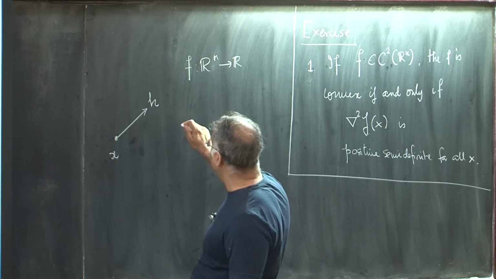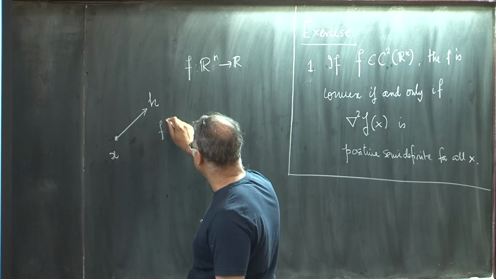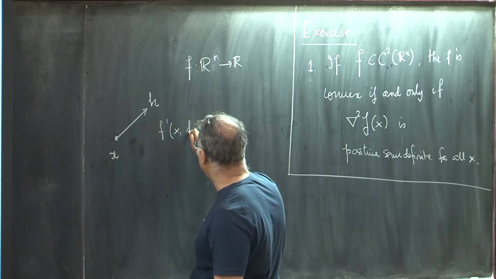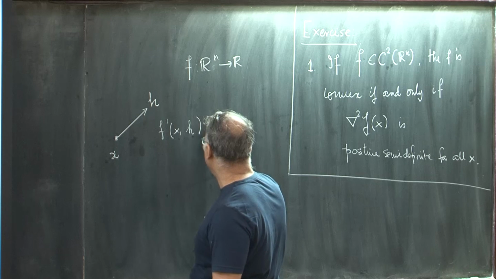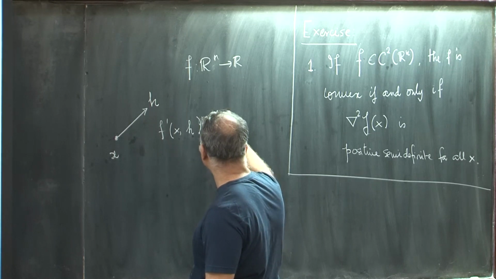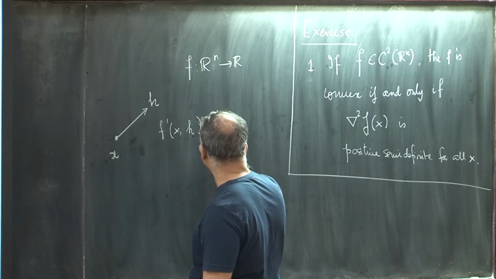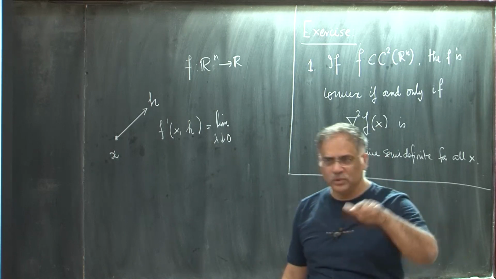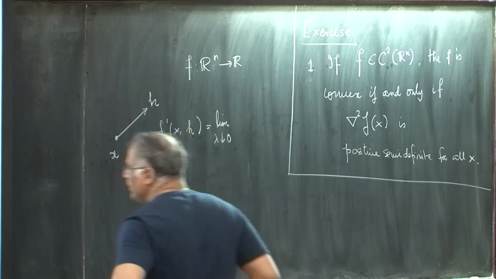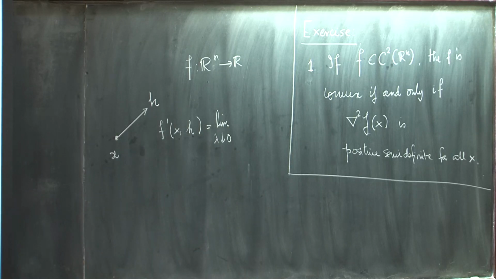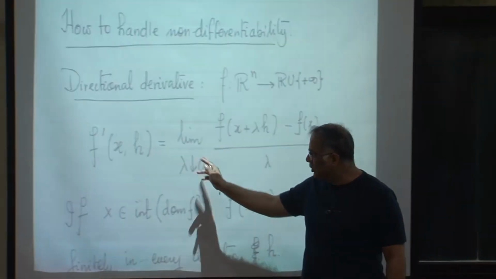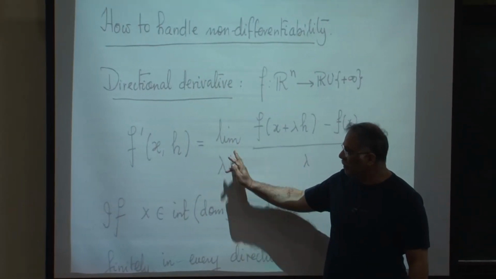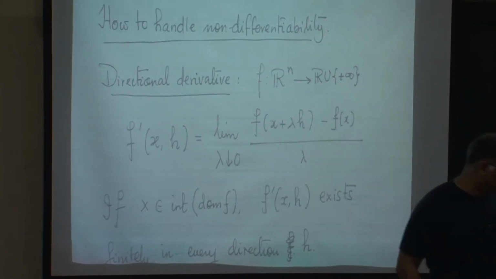So that is the way it is defined: the directional derivative of f at x in the direction h. This symbol lambda down arrow 0 means lambda is positive and going to 0, because for convex functions only the one sided directional derivative would exist. We cannot talk about lambda up arrow, which means lambda is negative and going to 0.